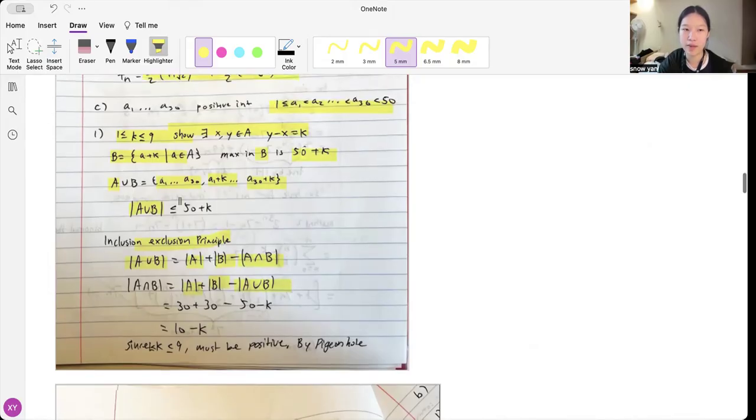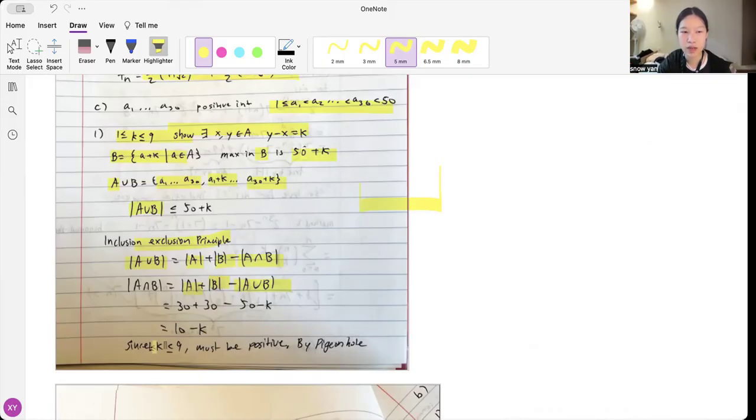Because that's the maximum number that I could have, because I know it's from 1 to 50 plus k. So that's the range. I'm capped at 50 plus k because my maximum is in B, and B is definitely bigger than A, because my maximum element is 50 plus k. So that's why my A union B has to be at most this size. But at the same time, this leads me to 10 minus k when I simplify this expression.